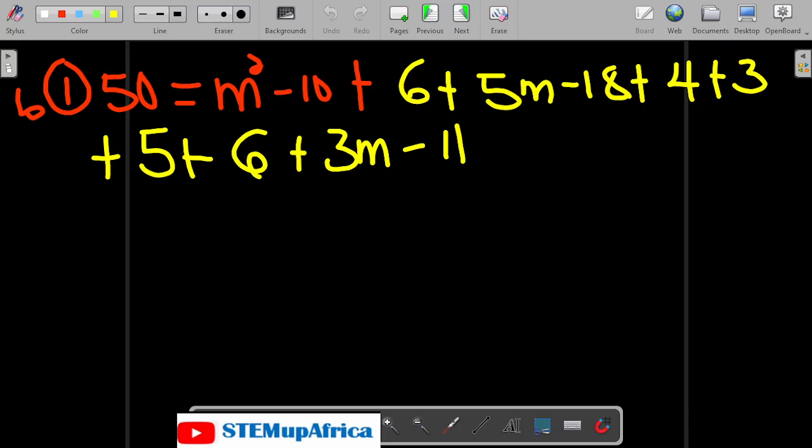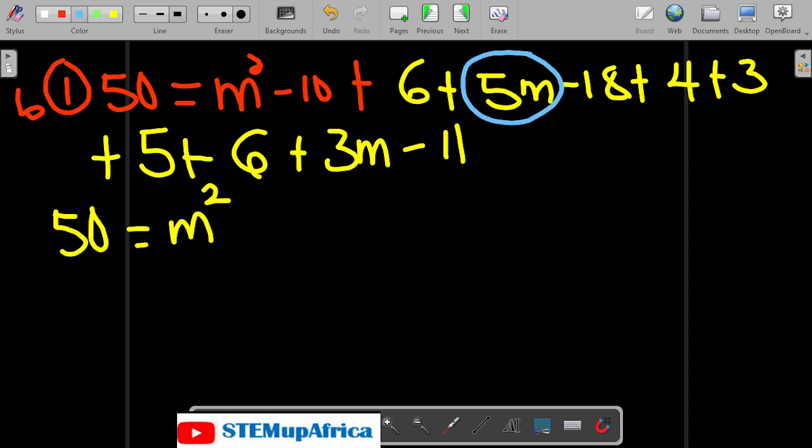So what are we having? If we add those, we can add. I'm having 50 now. It's equal to, let's add all, I'm having m squared first. There's nothing to add it to, so I'll write my m squared. So what do we have here? I can add 5m to 3m. That will give me plus 8m.